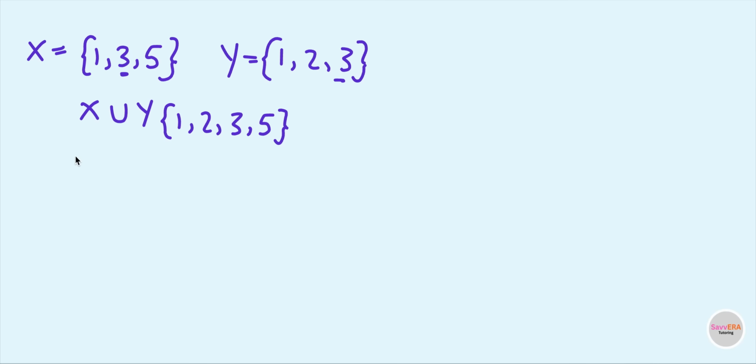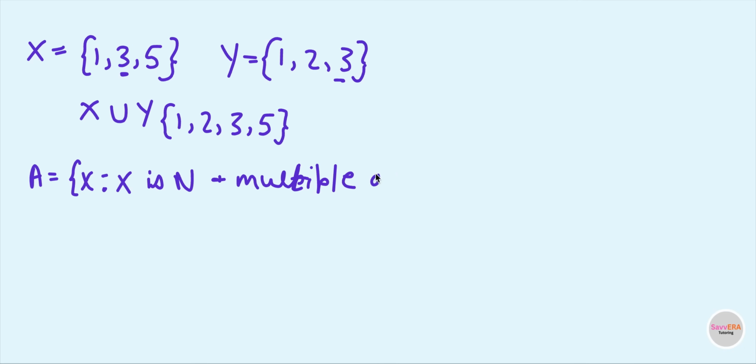Alright, so for the next one, suppose it says set A is equal to, and then we put our brackets, element x such that x is a natural number and a multiple of 3.